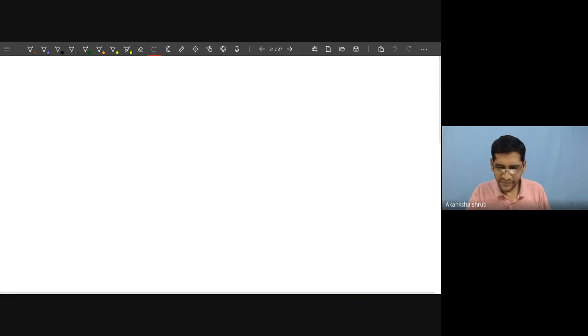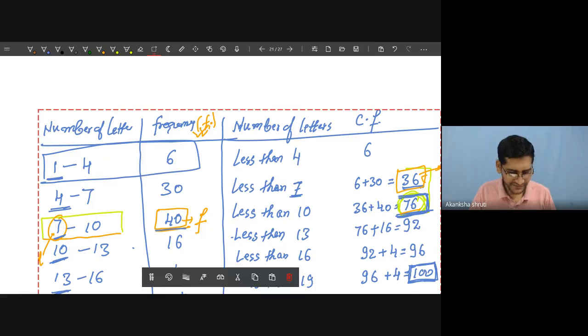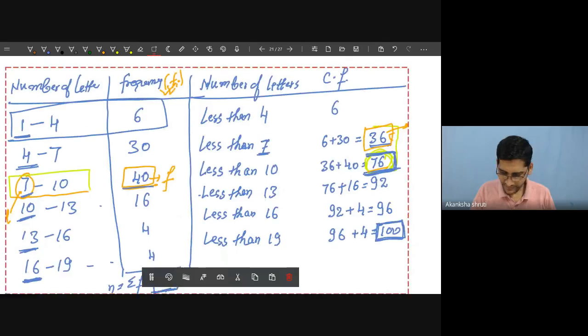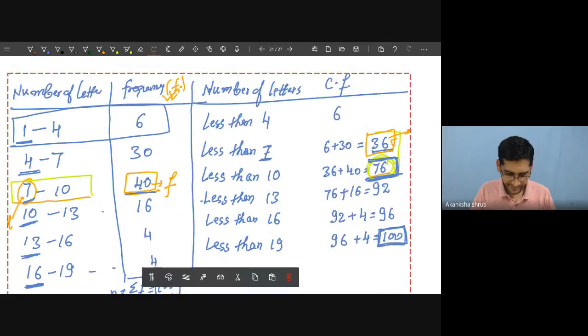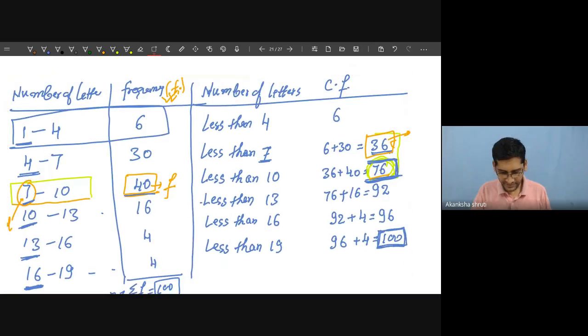So students, this is our less than type, the same data that I had taken there.